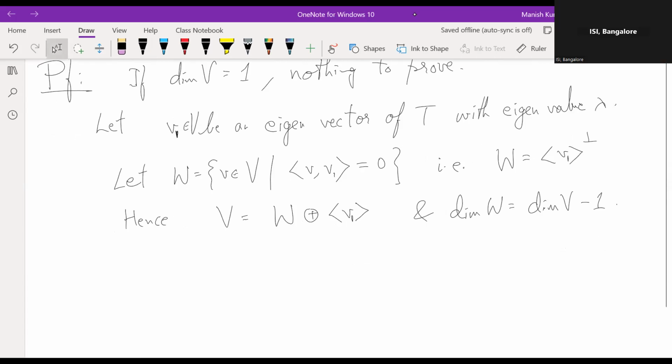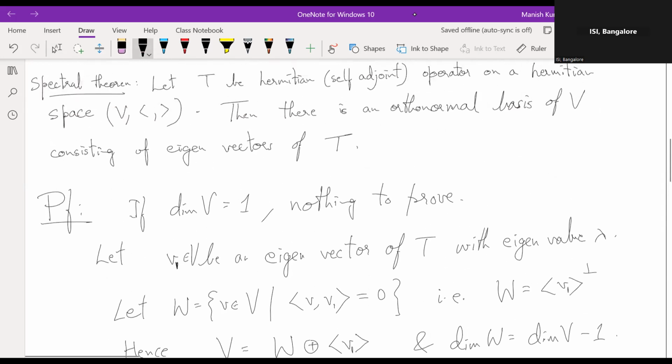So this is V is W direct sum the span of v1, and what the claim is is that T restricted to W... First of all, W with this pairing, which V is a Hermitian space, so you can restrict this to W as a Hermitian space.